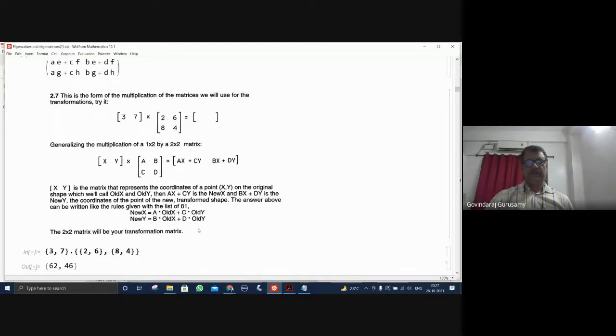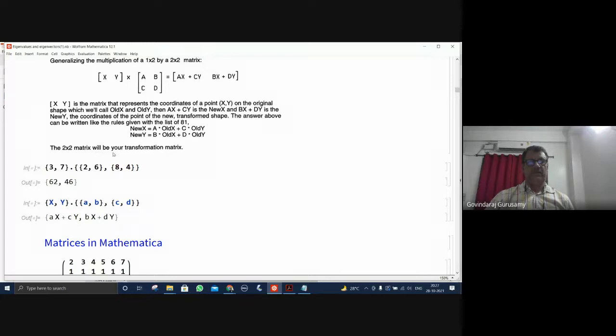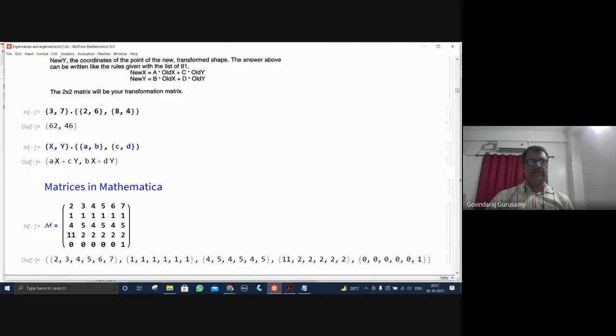Suppose this is like coordinates. You should remember that this gets transformed into this form by multiplying with the matrix, which means the coordinates are getting transformed. So the 2 by 2 matrix is your transformation matrix, because it transforms this xy to some other value. Similarly here, x comma y dot a, b, c, d.